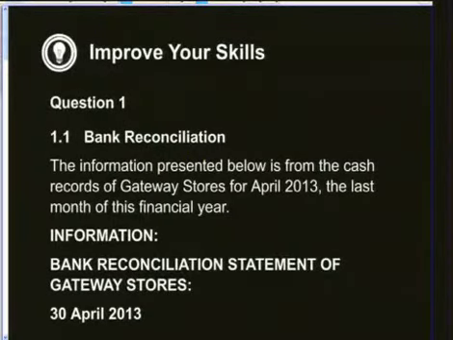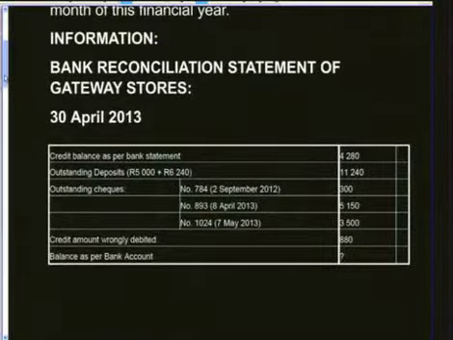In question 1, we are told, the bank reconciliation, the information presented below is from the cash records of Gateway Stores for April 2013, the last month of this financial year. The information states that we are given a bank reconciliation statement, obviously, of the previous month, right?